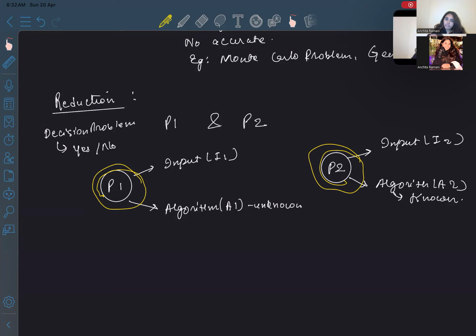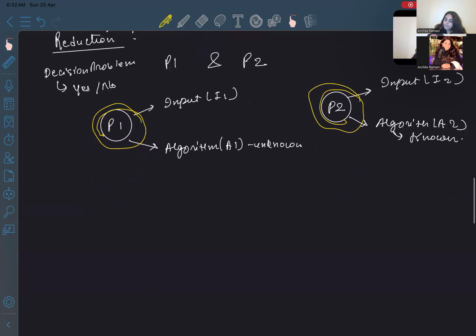So how are we going to solve it? We just convert the input of P1, that is I1, to the input of P2, that is I2. In order to convert these, you need some function, right?